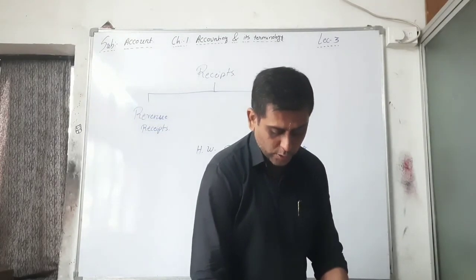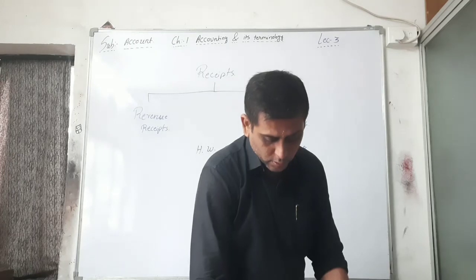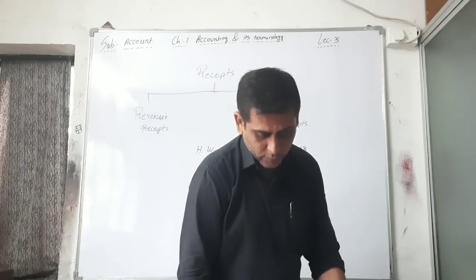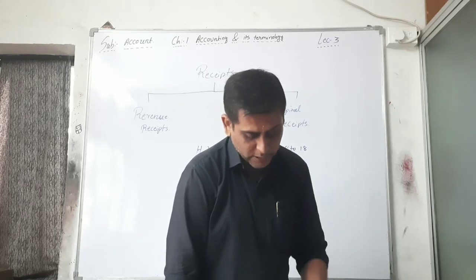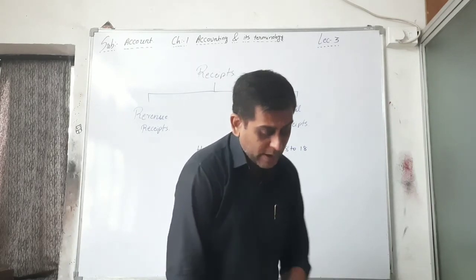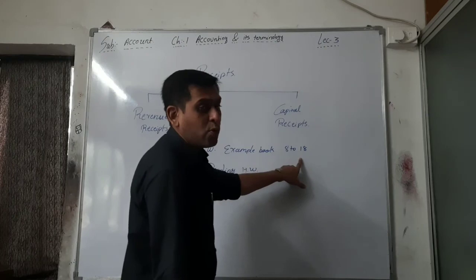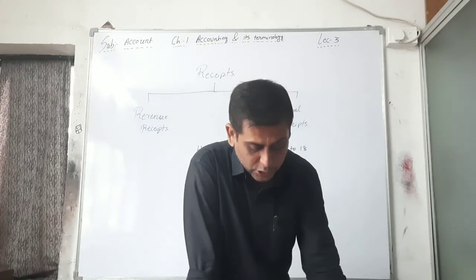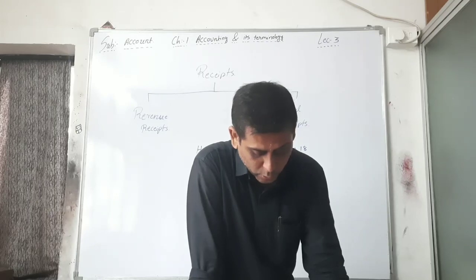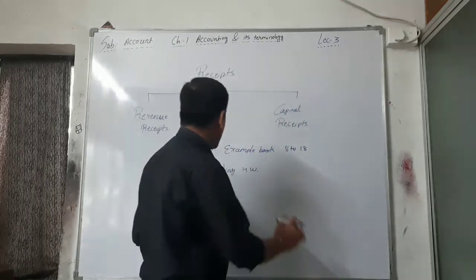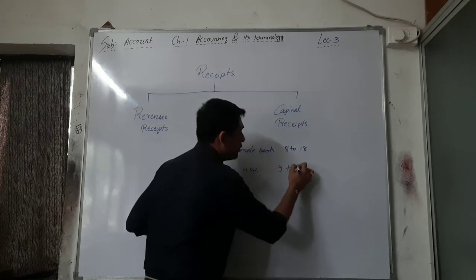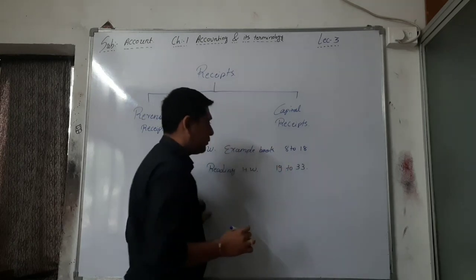Now you have to read up to 33 points. That is on page number 15. Remaining after 18, you have to read again, that is from 19 to 33. This is your today's homework.